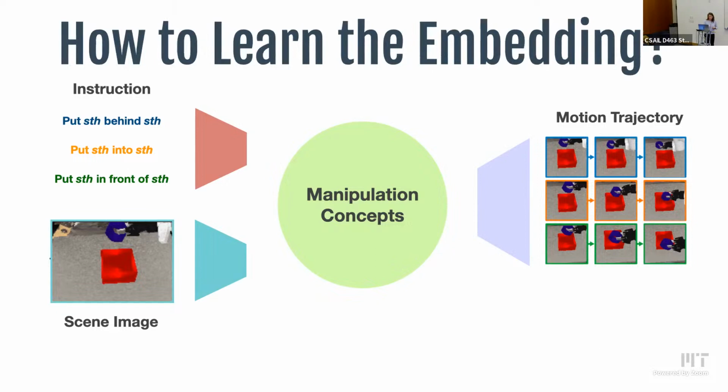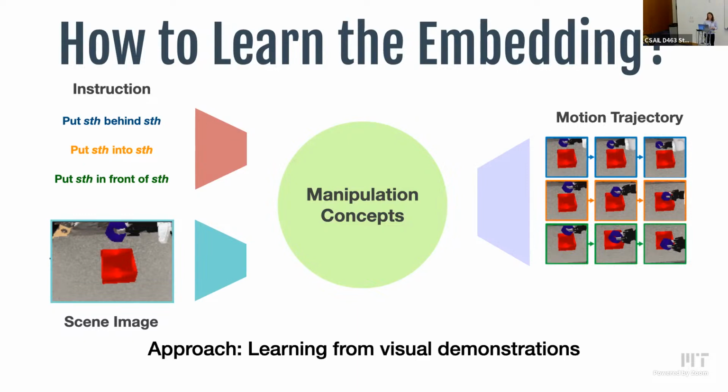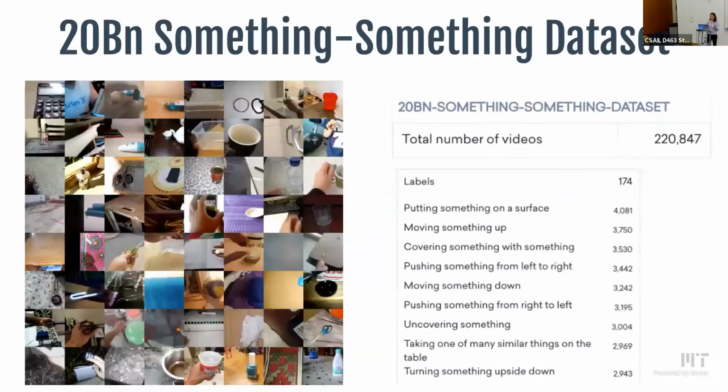Okay. So how do we train the robot to output trajectories to accomplish these tasks? We use learning from visual demonstrations, which allows us to avoid reward engineering, kinesthetic teaching, or teleoperation, which are time consuming and very difficult to scale up to a large number of tasks. So what is the data that we use?